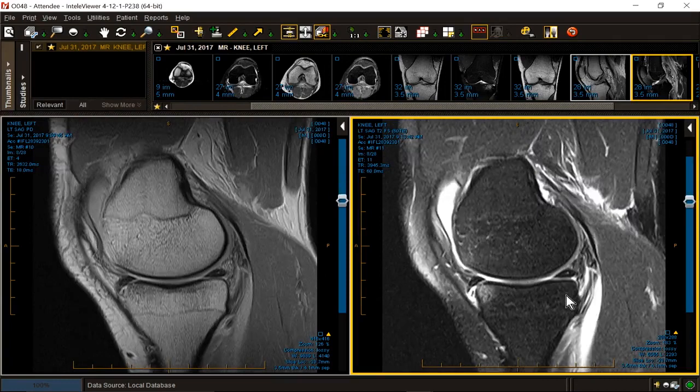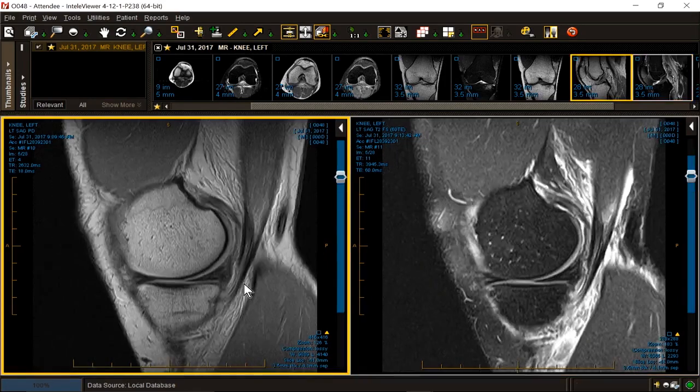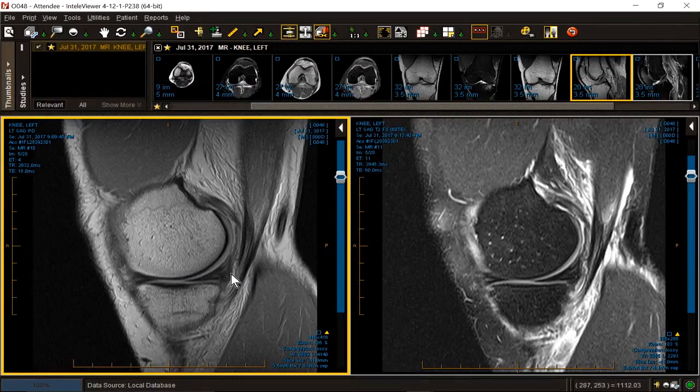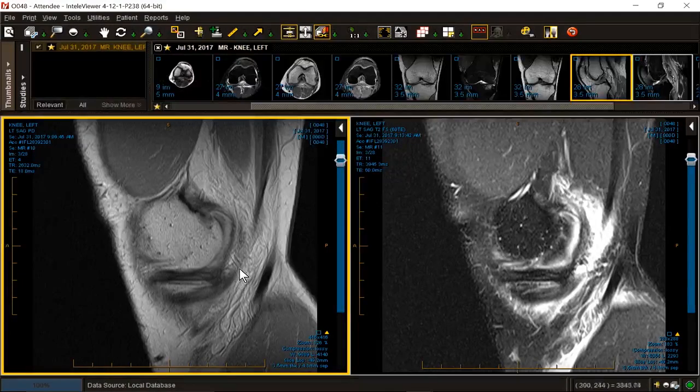Let's go back now to the capsule, the posteromedial capsule. It's a little wavy, it's a little irregular, it's inconstant. The patient has injured the oblique popliteal component of the posteromedial corner. Now that in itself is not cause for a surgical procedure. You've got to have more than that.